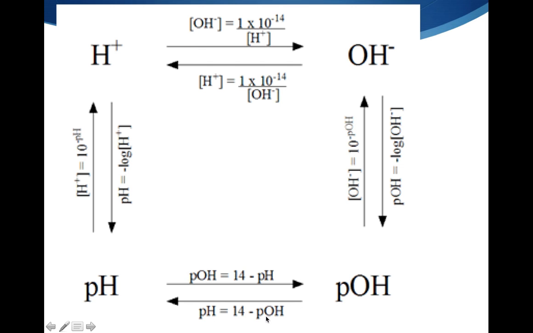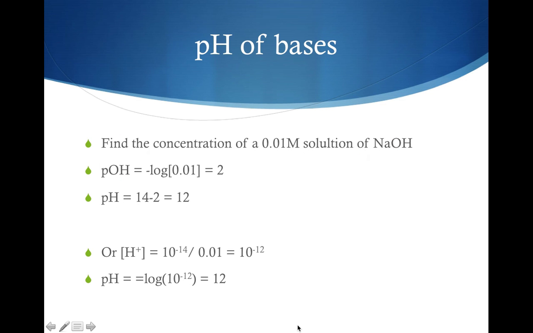We do 14 minus pOH. No powers, no tiny numbers with lots and lots of zeros in front of them to get you confused. So you can get from there to there, either by doing this and then that, but I would suggest the better route is to negative log the hydroxide and then do 14 minus the pOH.